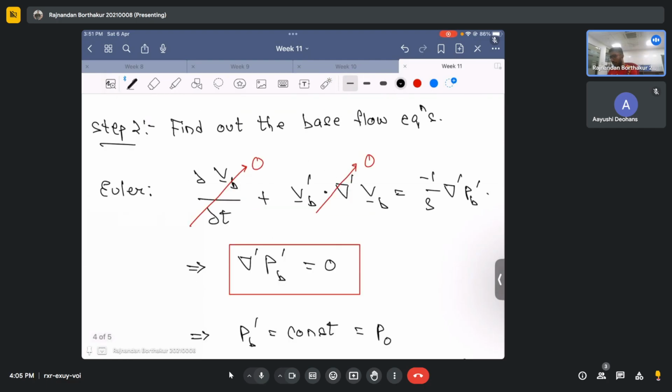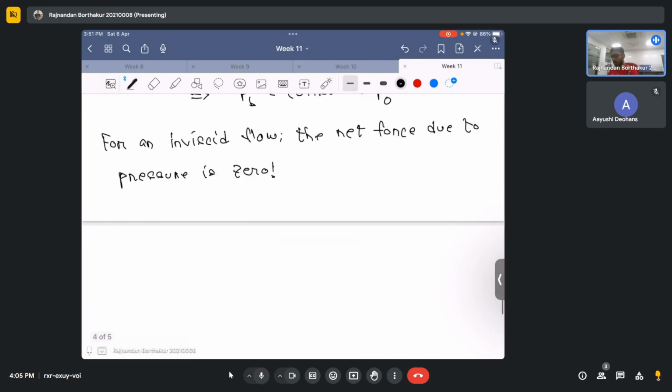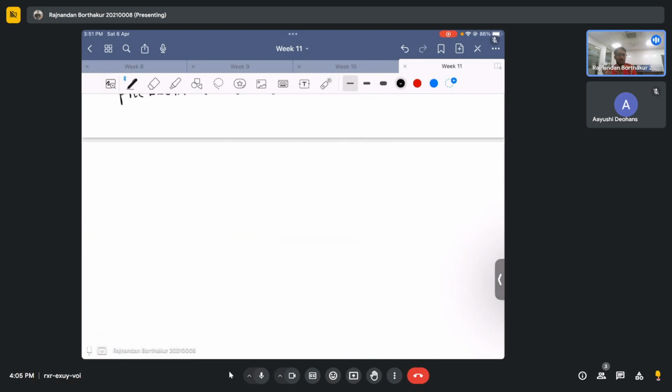All right. So we proceed with these things very systematically. First of all, we derive the equation that governs the total flow field. Then we saw that as a consequence of the base flow satisfying the Euler equation, the net force due to pressure is 0. So the third step, which I would say should be done prior to calculating the governing equation for the perturbations, is that we will non-dimensionalize the equations.